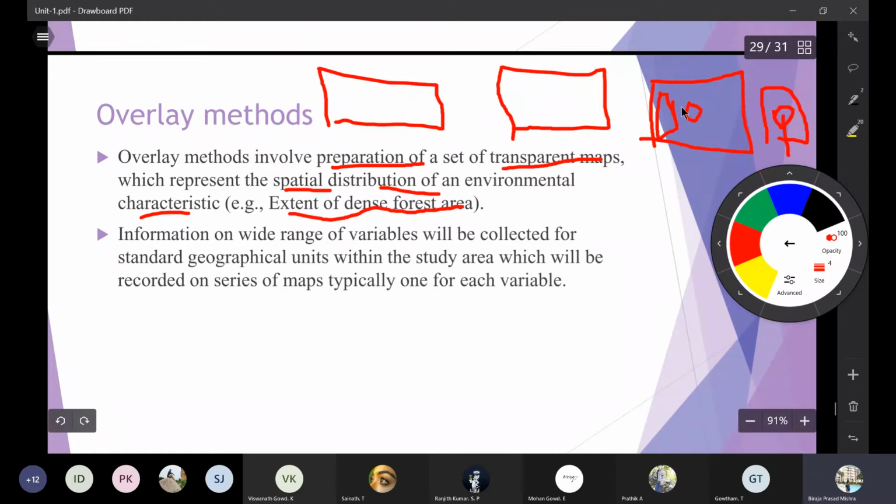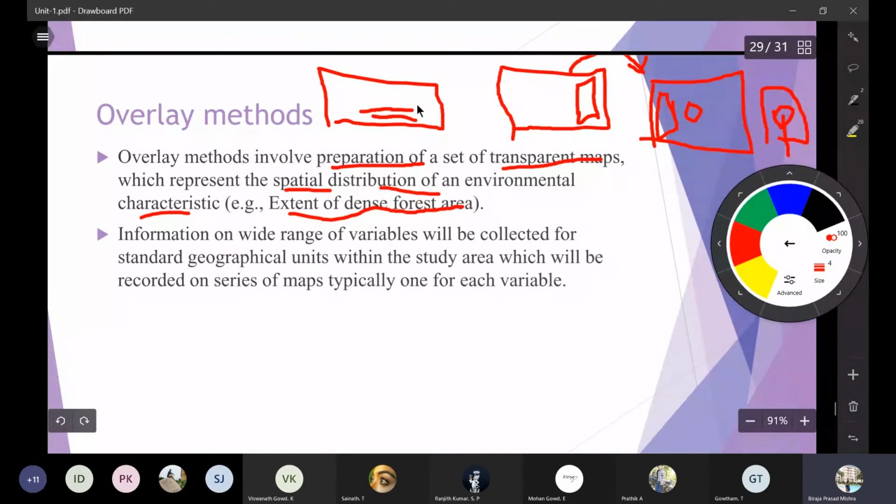Then if we put this one on this one, and here let's say we have shown some forest cover, so let's put this one above there. Next, let's say along this line we have a water body.